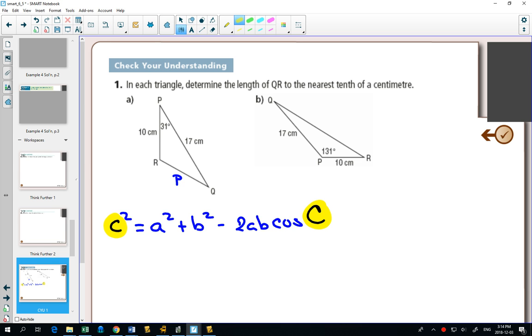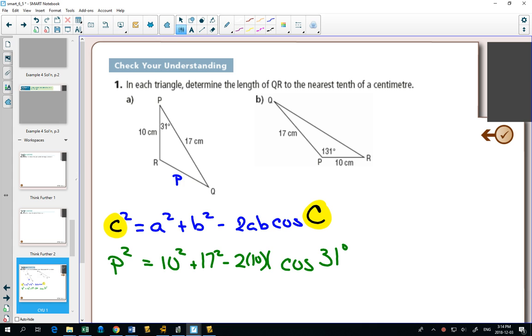So if I'm going to use 31 degrees in the formula, then over here is going to be p squared, because p goes with the opposite angle of 31. The other sides, it doesn't matter which one you pick for which. So I have p squared equals 10 squared plus 17 squared minus 2 times 10 times 17 cos of 31.